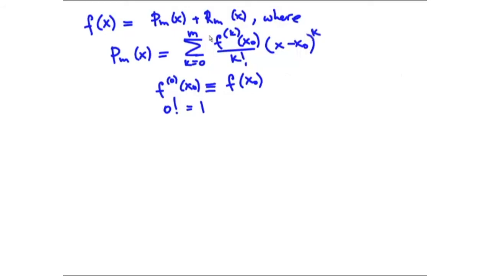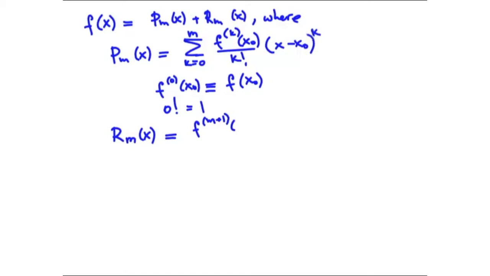Let's discuss also this error term here. The error term is given by the expression that involves the m plus first order derivative. So it will be actually the m plus first order derivative of f at some point.